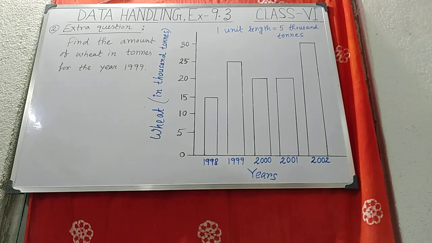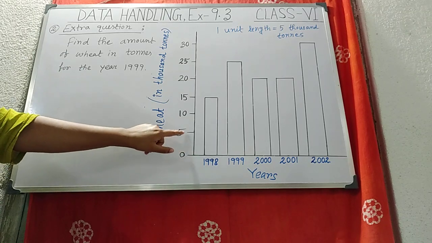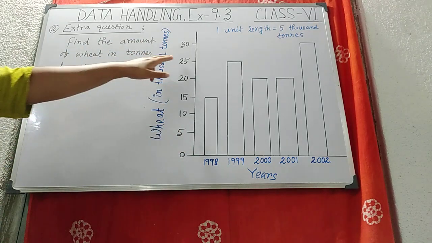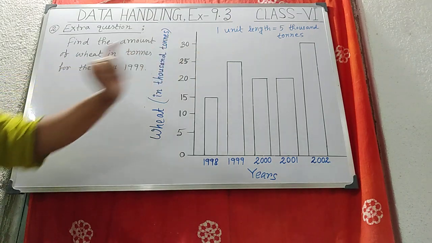Means here we have taken 0, 1, 2, 3, 4, 5 in this way. So 25 can be represented as 25 into 5000 tons.